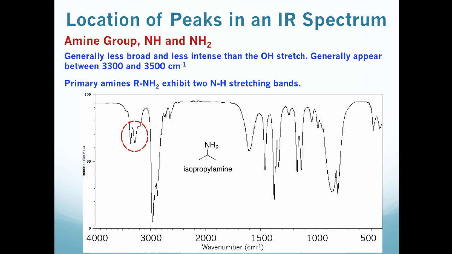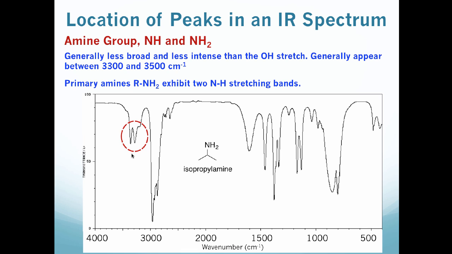Okay, the next thing we're going to look at, in that same region, is NH and NH2 stretches. So NHs and NH2s, again, they show up in this same region, but they're generally less broad and less intense than the OH stretch, and they appear between 3,300 and 3,500 wave numbers.